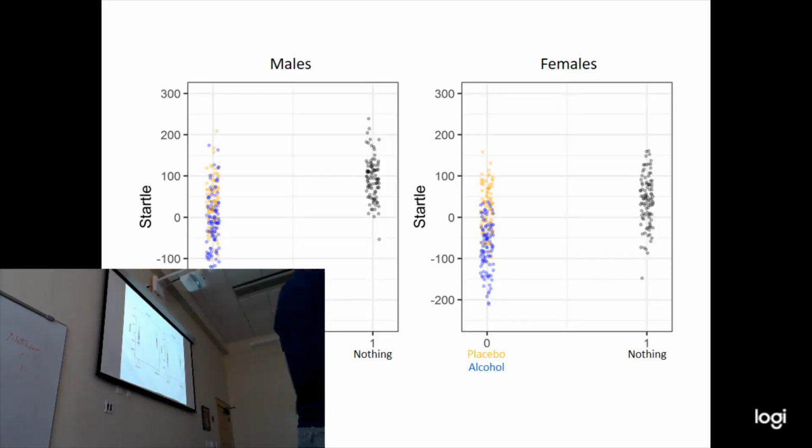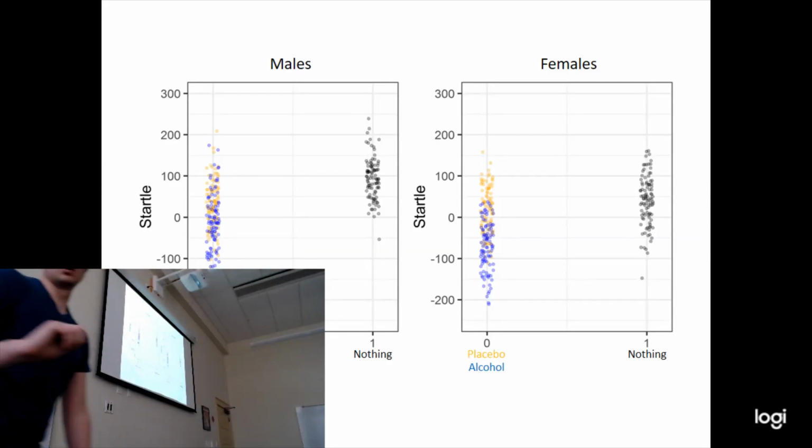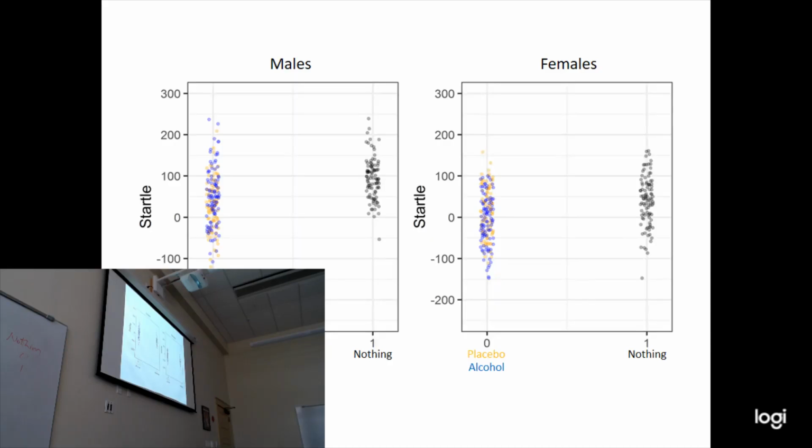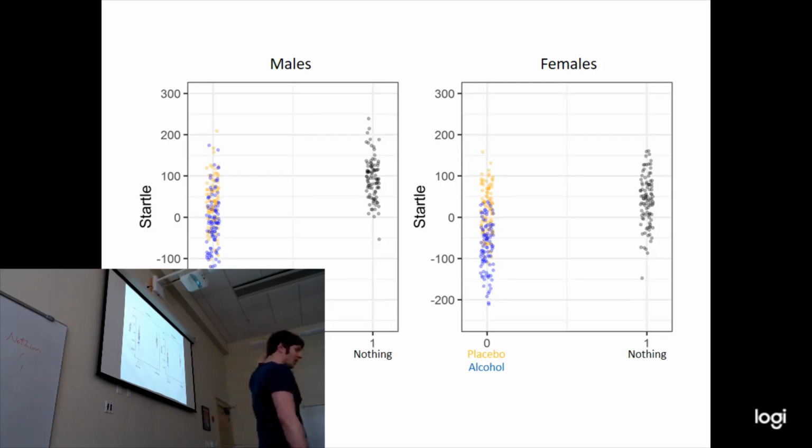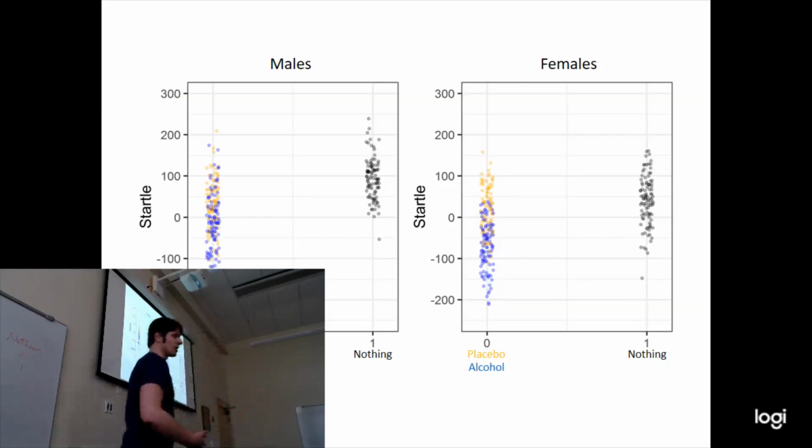So we have to subtract out the effect of C1. If we do that, literally what happens is that the points in blue, the alcohol points, get brought up so that their mean is the same as the mean of the placebo group. It's one way of understanding statistical control.